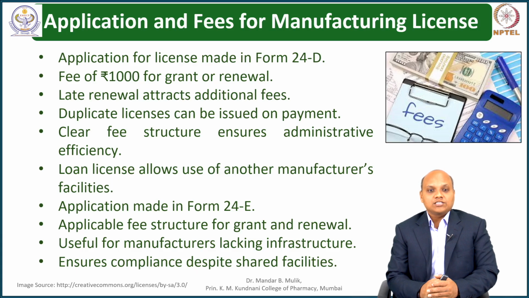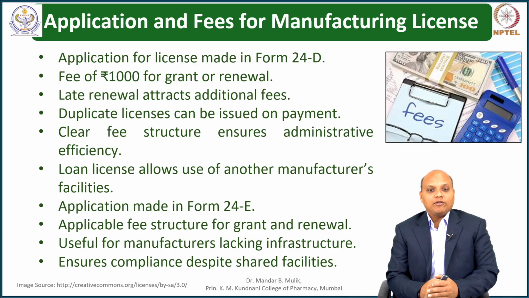A loan license allows use of another manufacturer's facility. In such cases, a separate licensing application needs to be given to the authority. The application is made in Form 24E for the loan licensing purpose. The applicable fee structure for grant and renewal applies for the loan license as well.